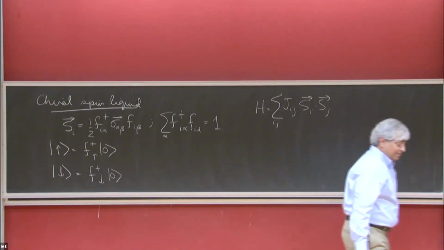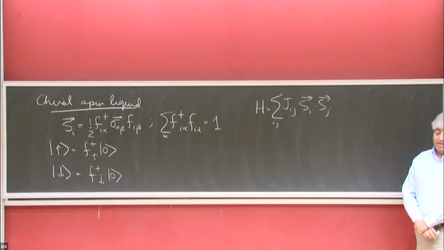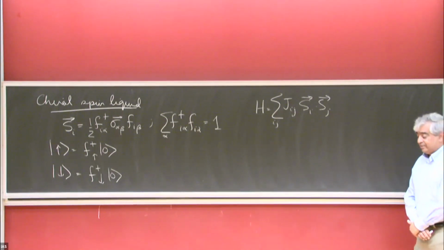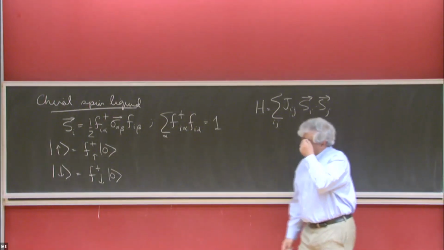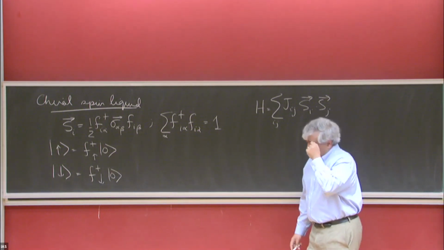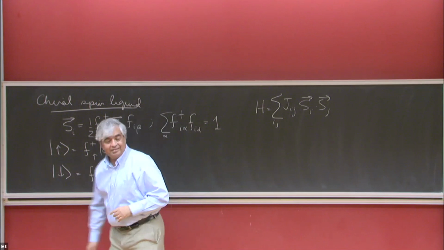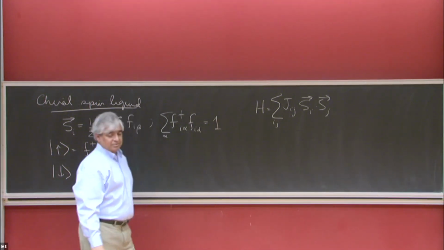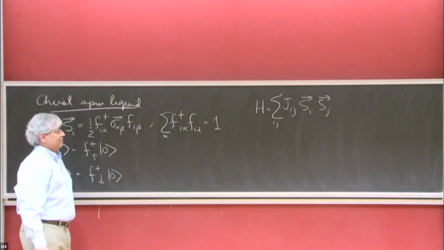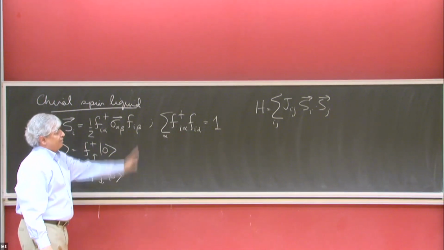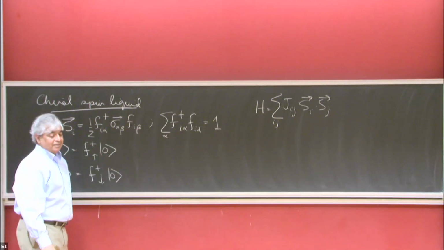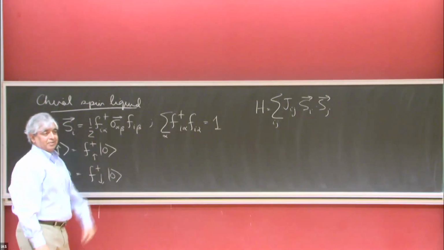It's not very powerful. But what's developed in the intervening 20 years is a lot of very powerful numerical methods. And now there's quite a catalog of specific models in this category. Some of them break the SU(2) global symmetry, which is not crucial for anything I want to talk about. So there's quite a catalog of such models that do, in fact, have a chiral spin liquid ground state.